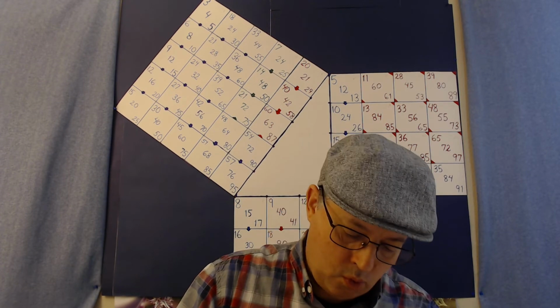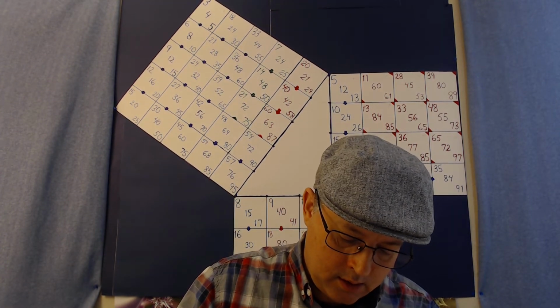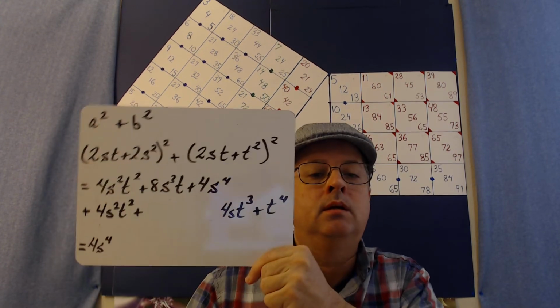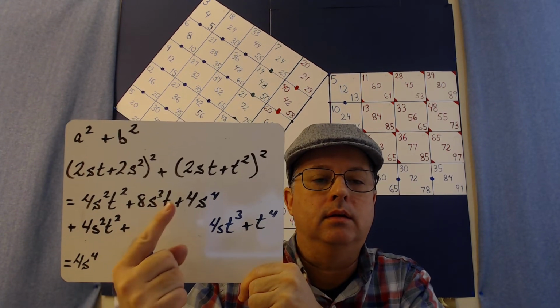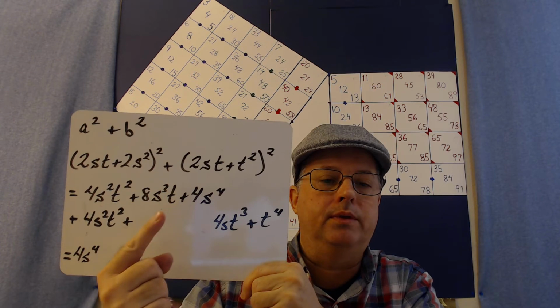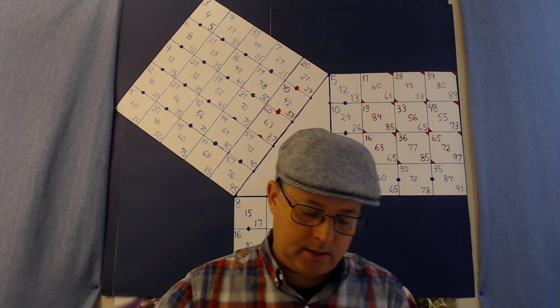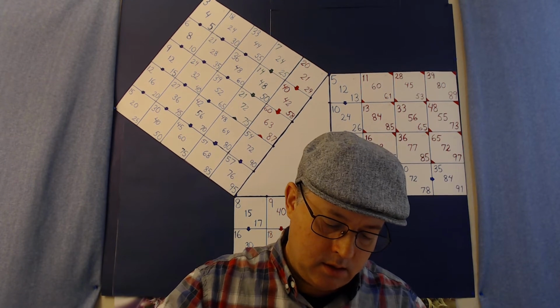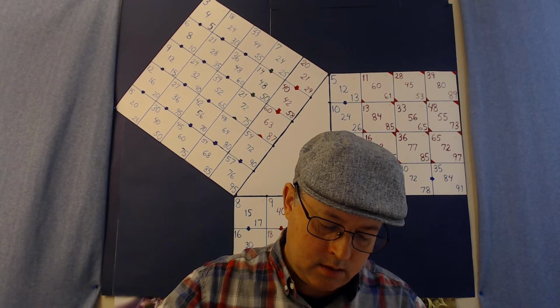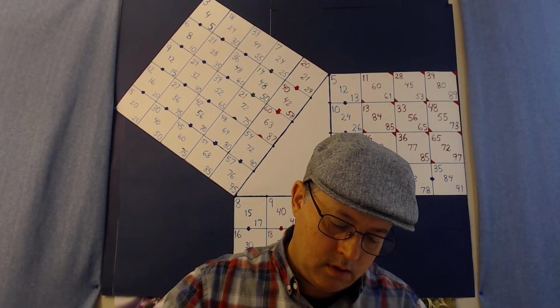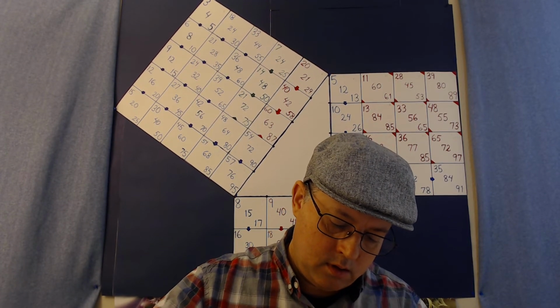So that's 4s to the 4th. And then the next highest exponent with an s in it is s to the 3rd here. So that's plus 8s to the 3rd t.